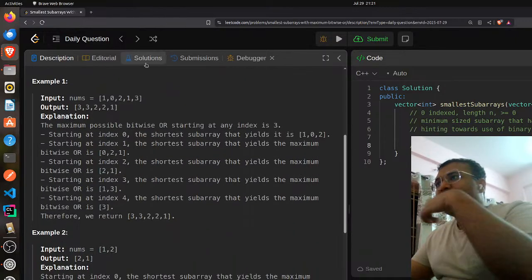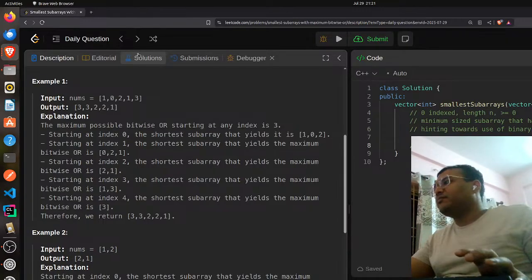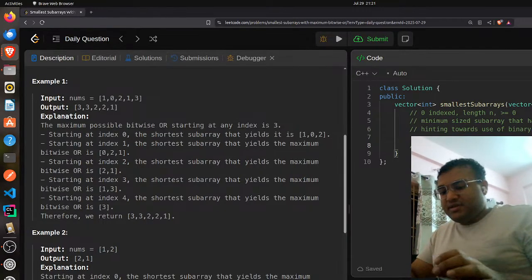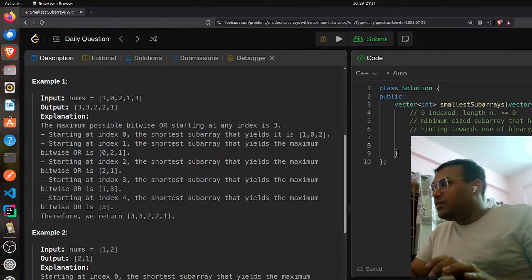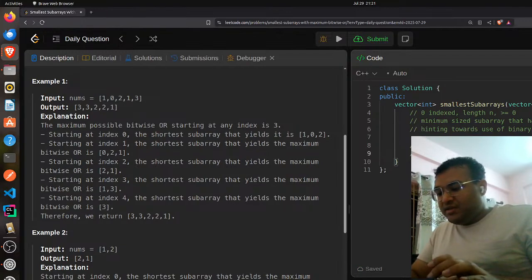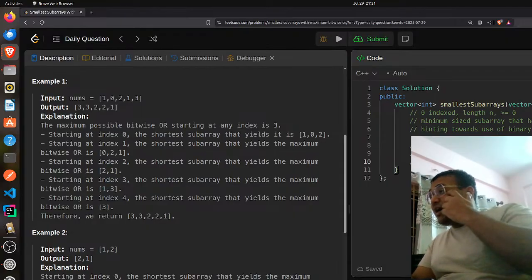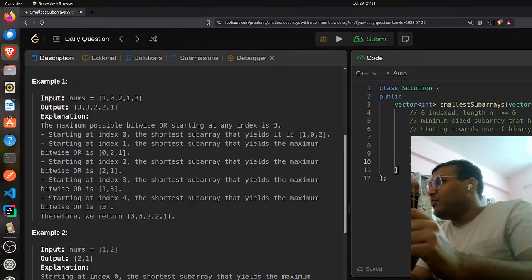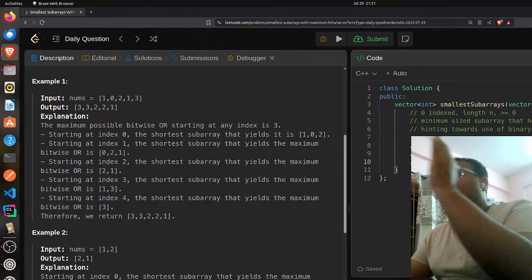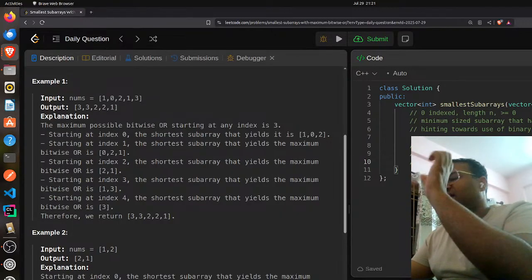Okay, so let us see the example. The example is 1 0 2 1 3, and the indices i would be 0, 1, 2, 3, 4. For each i, we have to identify the minimum size subarray that starts from i and has the greatest OR.